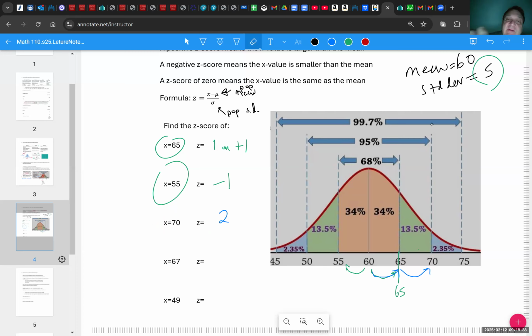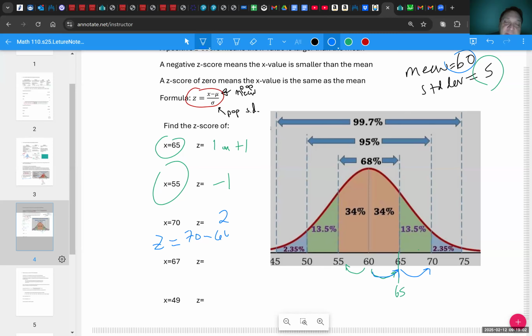I'm going to show you using this formula that the answer is 2. Here's the formula right here. I'll do it in blue over here. z is equal to the x value, which for this problem is 70, minus mu, the population mean, which we know is 60, so we put a 60 up here.